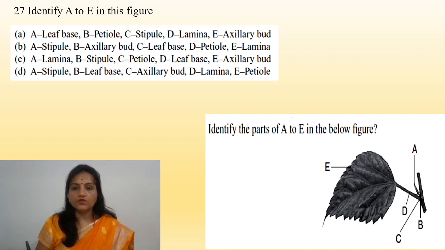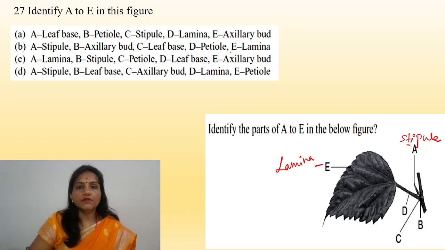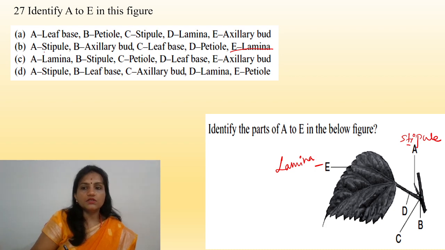Identify A to E in this figure. A is stipule, E is leaf blade or lamina. Where is E lamina? It is here. Others are axillary, but no way. Then cross check with this one. A is stipule, B is lamina. Let's cross check others.